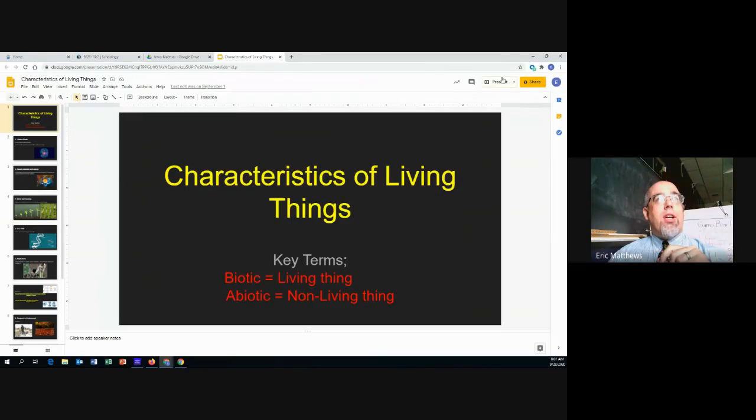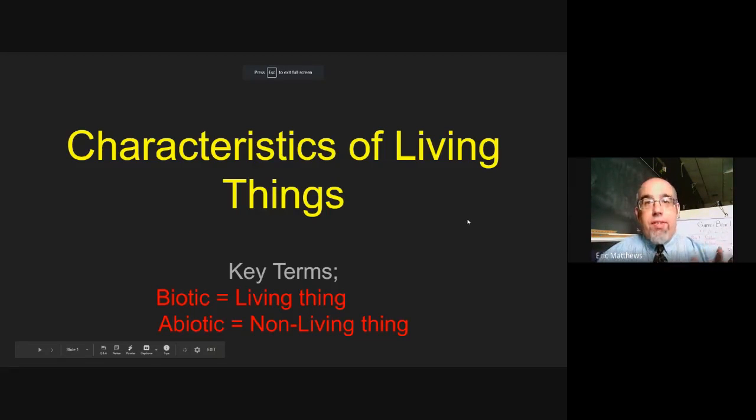So taking a good look at our characteristics of living things. Now here we're seeing some of our first red terms. Remember, red terms are these super important things that are going to appear over and over and over again. And here we're seeing the terms biotic and abiotic. If you remember from our Latin, bio means life.